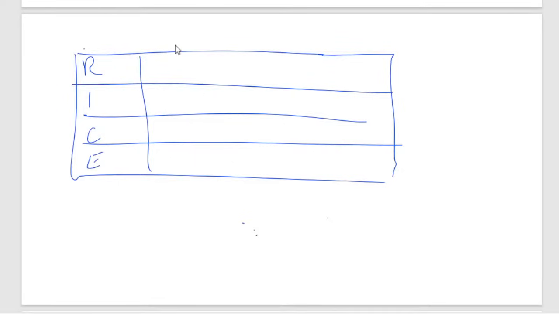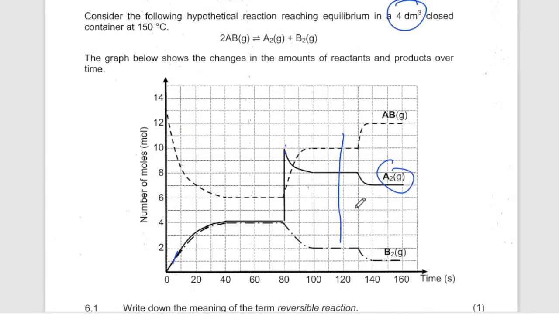Then these are the elements. So you have A, you have B, and then you have AB. Something is very important here. Look guys, here the reaction reversed. This was the reactant, but here it is the product.